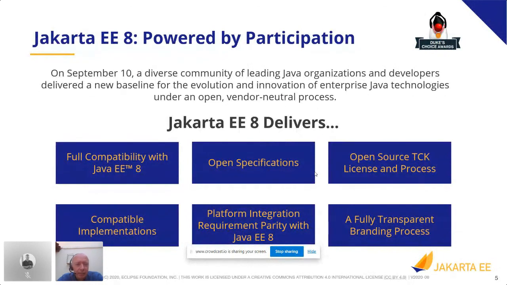This was a key step. It proves that Jakarta EE8 is effectively equivalent to Java EE8. And we released the GlassFish implementation, Eclipse GlassFish 5.1, which was then a compatible implementation of Jakarta EE8.